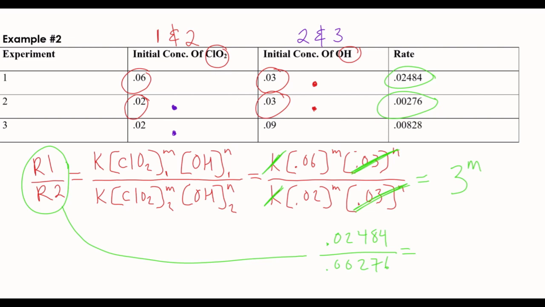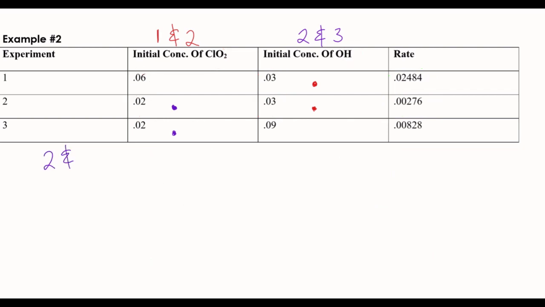So we're going to take rate 1 divided by rate 2. And we're going to take that 0.02484 divided by 0.00276, and you should get 9. So 3^m is equal to 9. That means that m must be 2, because 3 squared is 9. So now let's look at reactions 2 and 3 to find the n.